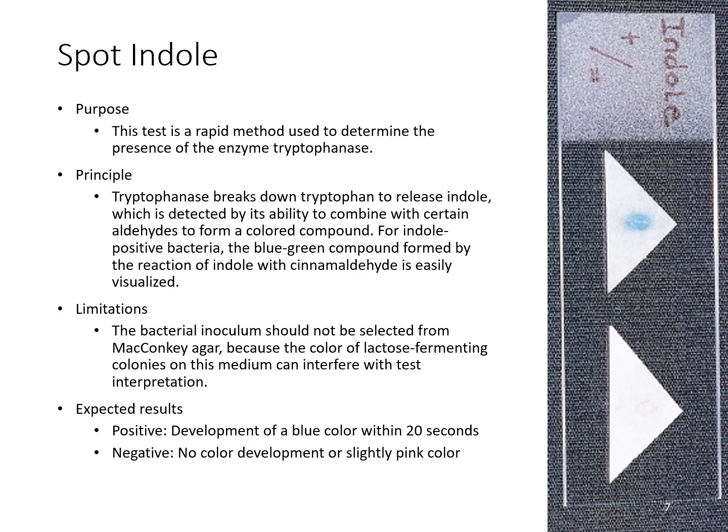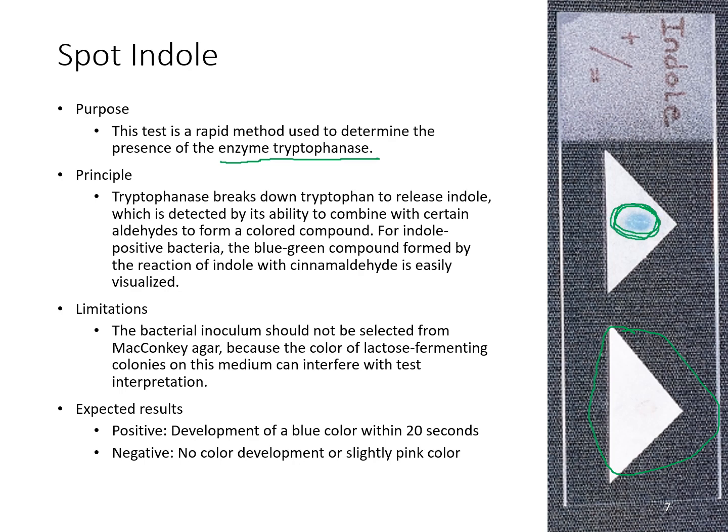So our spot indole, there are two different methods. Our spot indole is a rapid method. And so with this, what we're looking for is the presence of tryptophanase. If it is present within that organism, we put usually some type of filter paper down, we put the reagent on it, and then we take a little bit of that organism and place that onto the filter paper.